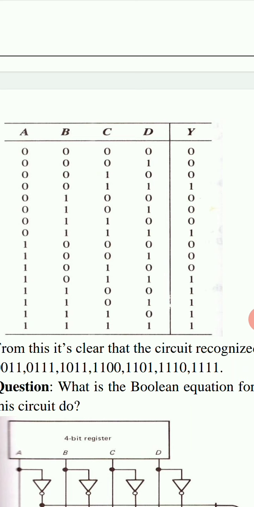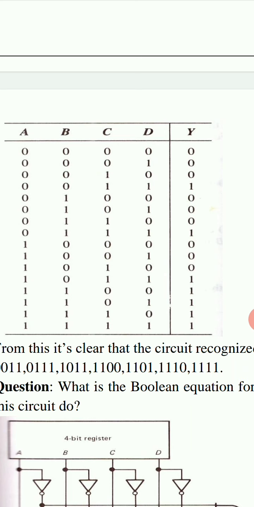The combination for which output Y is 1, this logic circuit recognizes that input word. For example, first we see output Y is 1 for A 0, B 0, C 1, D 1.